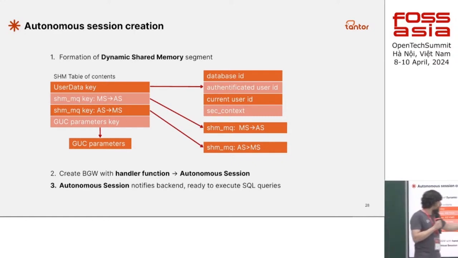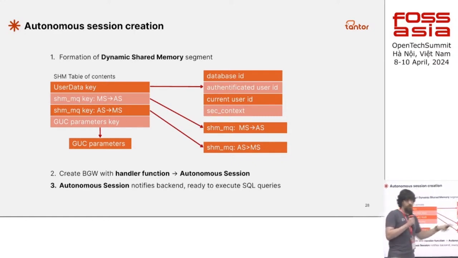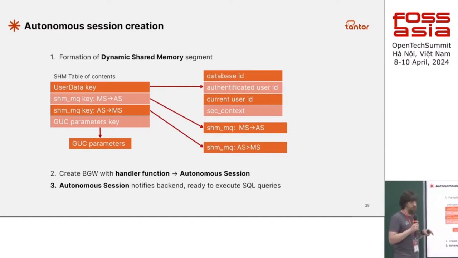Then we have 2 shared memory message queues, through which communication between the main session and the autonomous session will happen. And then the settings of the main session that are used in the autonomous session. So we have such a segment, then we launch a background worker and pass the handler function to it.